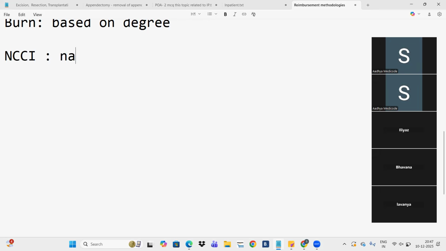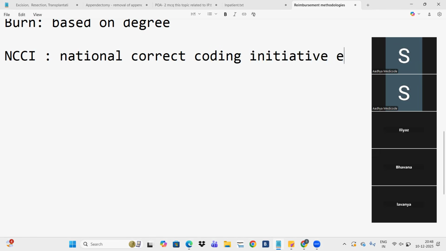NCCI, National Correct Coding Initiative edits. So what is the use of NCCI edits?